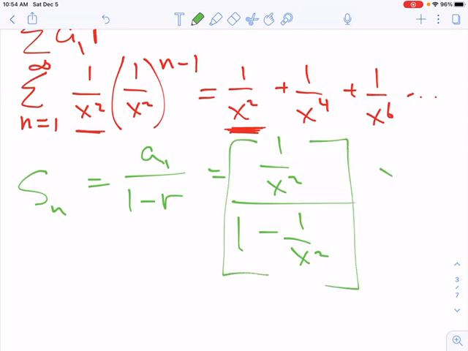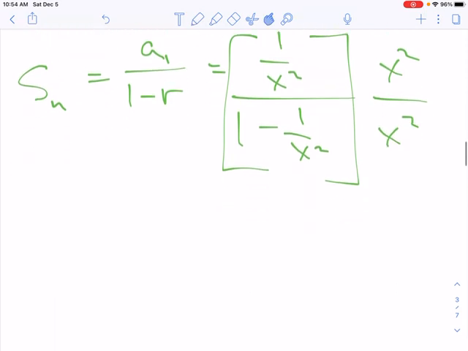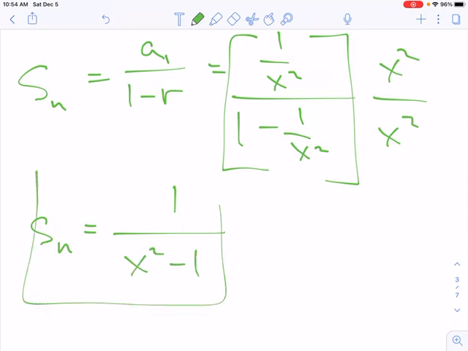And to simplify that, we're going to multiply the numerator and denominator by x squared. So we end up with s sub n being equal to 1 over x squared minus 1. So this is the correct answer when we have the summation from n equals 1 to infinity.